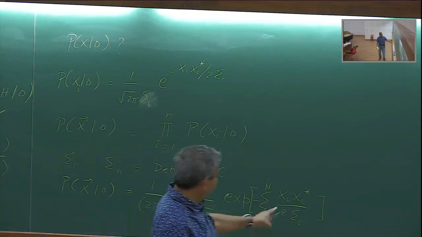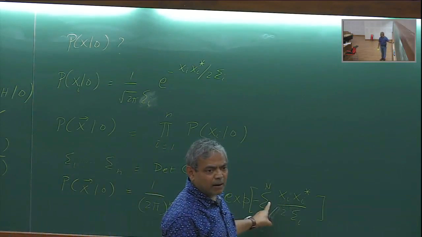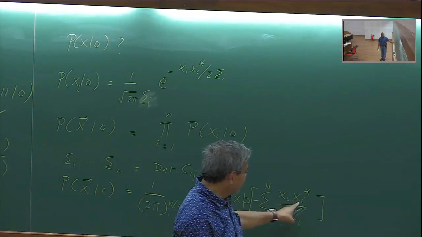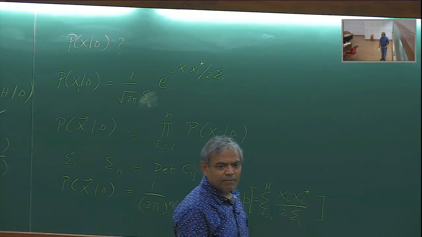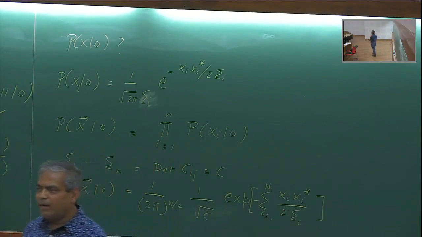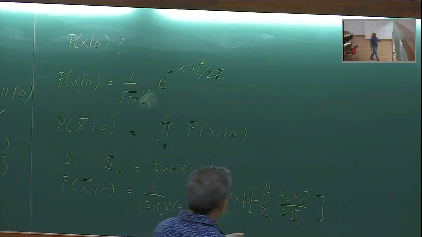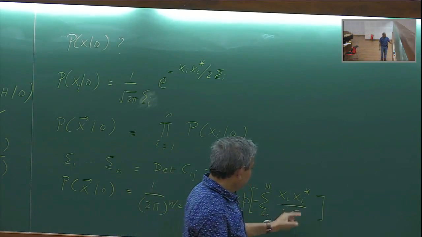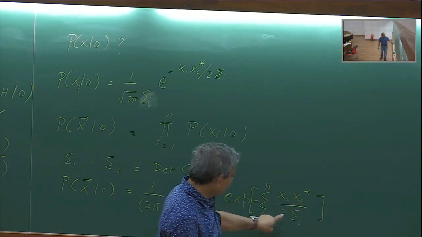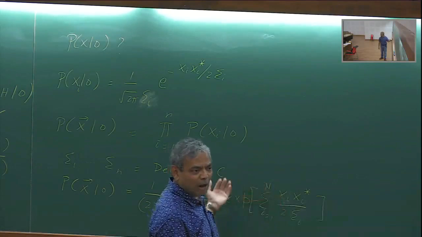Now you can see this is nothing but the scalar product of the data with itself. That's what we introduced yesterday in the form of integrals, but when you convert them to sums, this is nothing but the scalar product, apart from this factor of 2, which I will pull out.